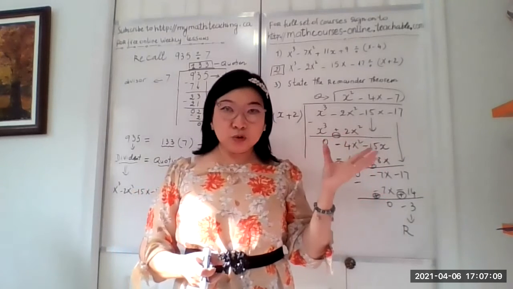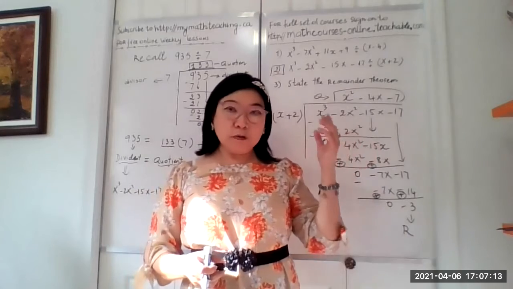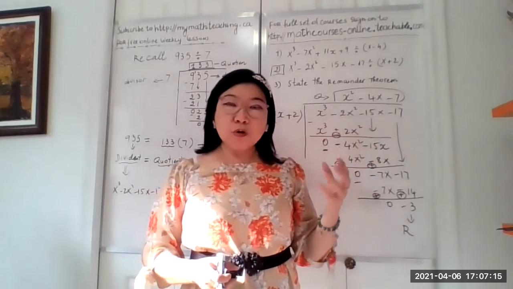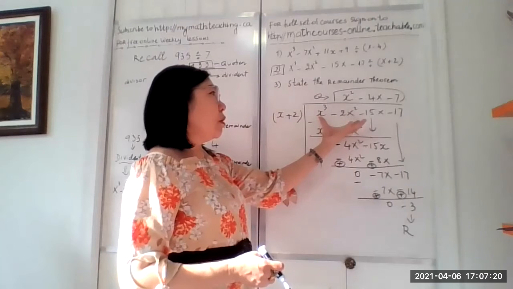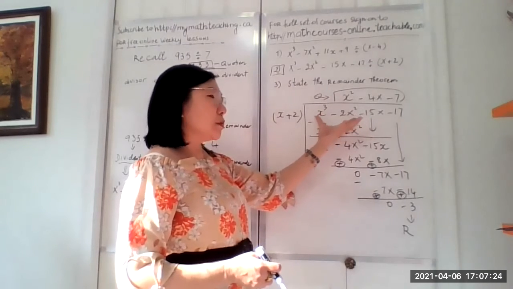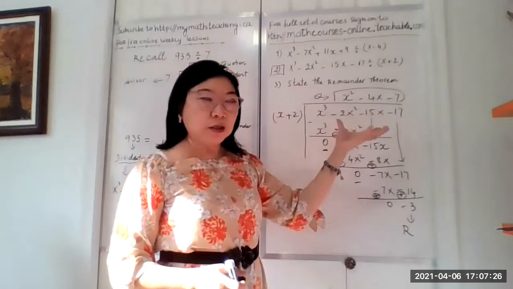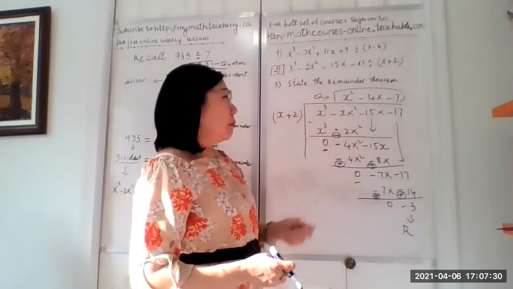Sometimes it has a degree of 3, we call it a cubic function, and could be a degree of 4 or 5 or 6, whatever. So a polynomial function is just a function with the variable of x or y, whatever we want to put in here.